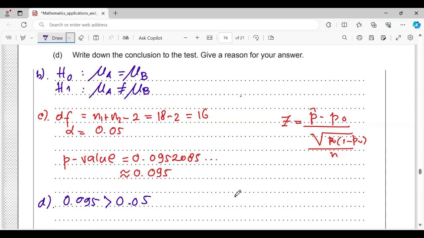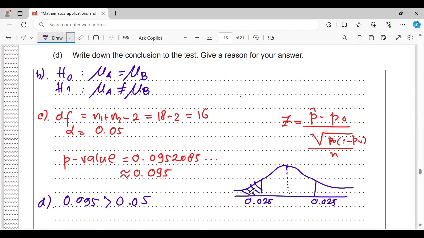If you sketch on the normal distribution line like this, this is mu, and this is 0.05 divided by 2, which means 0.025. This is 0.025.